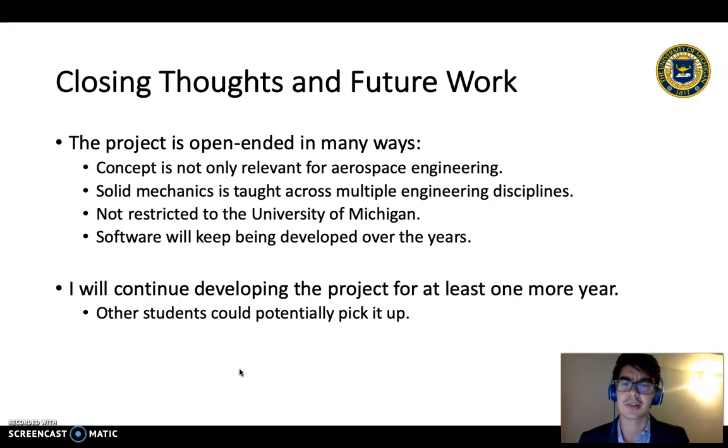These are taught in material science, mechanical engineering, and many other subjects. Solid mechanics is taught across multiple engineering disciplines. It's not only restricted to the University of Michigan, so my idea of this project was to make it as educational and free to open to everybody as possible.